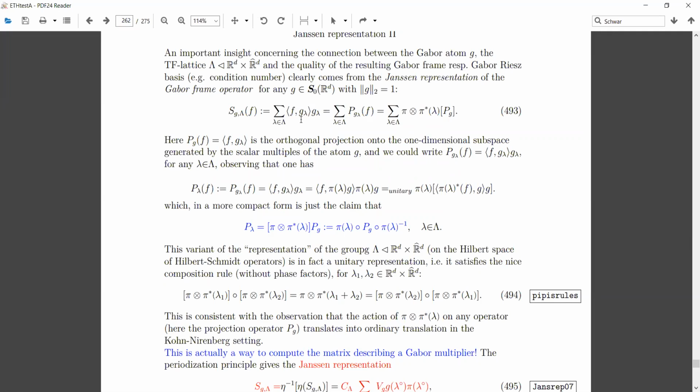But this is exactly because we have normalized elements. G has L2 norm 1, therefore G lambda also has the same norm. Therefore, it's just the orthogonal projection, the best approximation of a scalar multiple of G lambda to the given function f. So we are summing up over all these projections. And I was telling you, these projections are just the projections onto the original atom moved around.